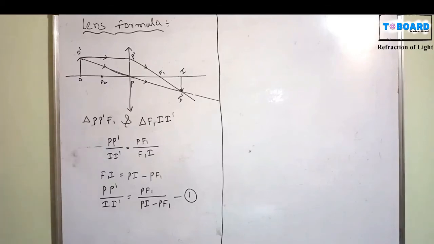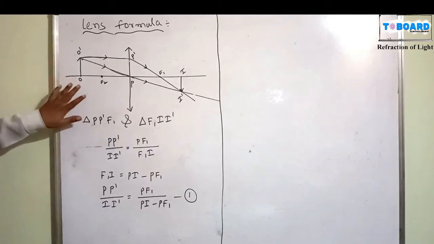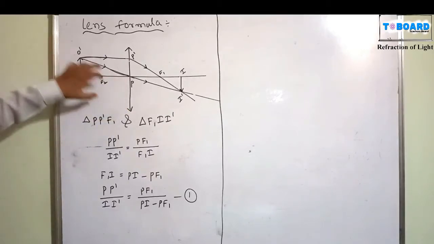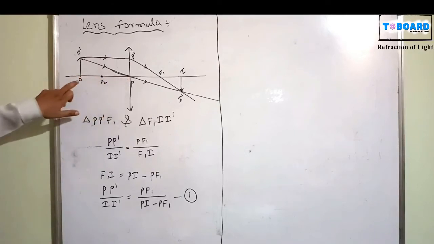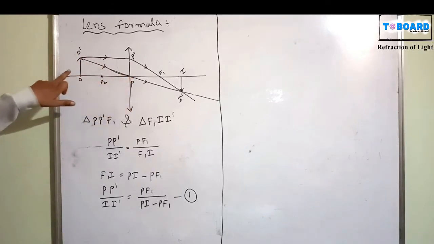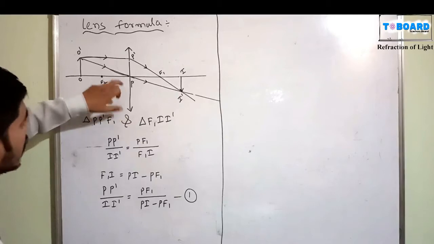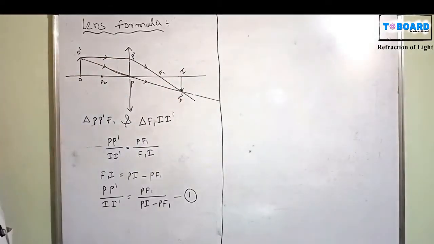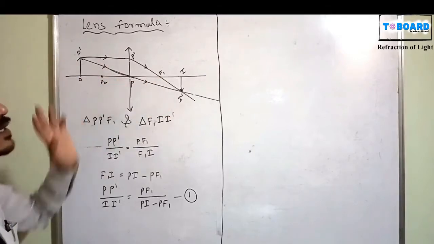Okay, so now we'll go for the other triangle's formula. Once you observe, one more triangle is also there. O dash P is one triangle, and I dash is also one triangle. Both are again similar triangles.